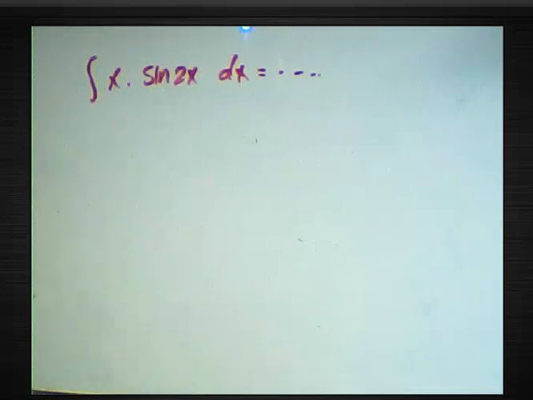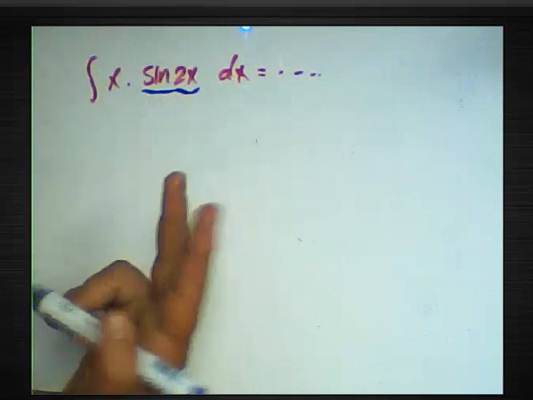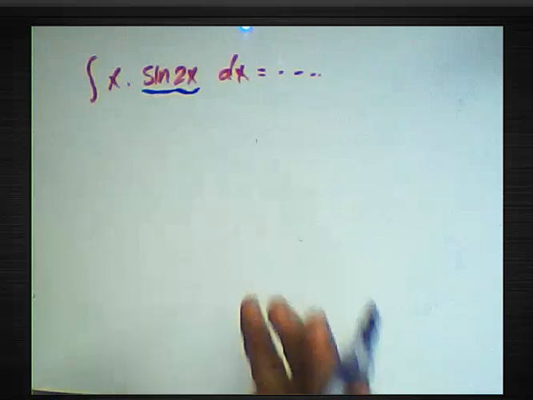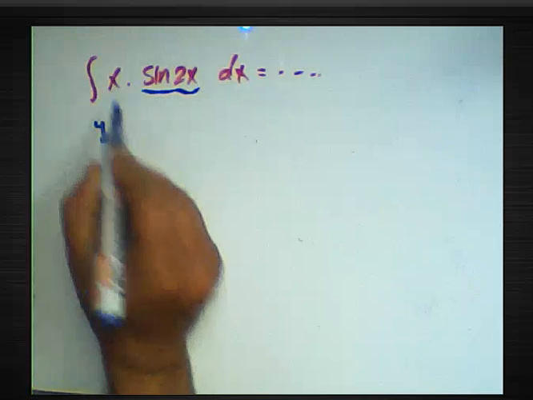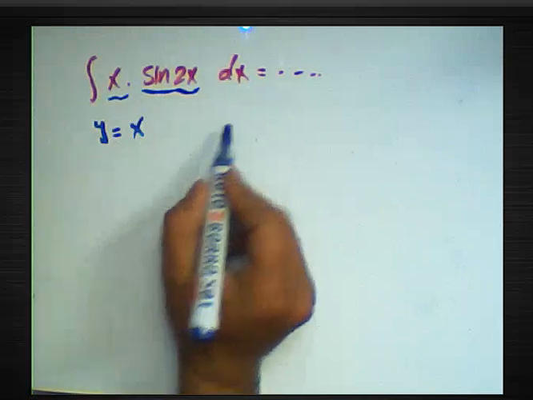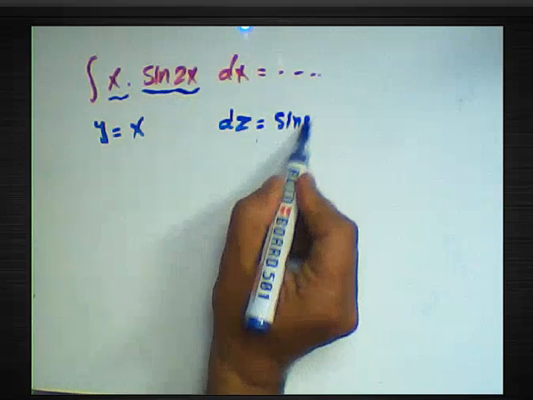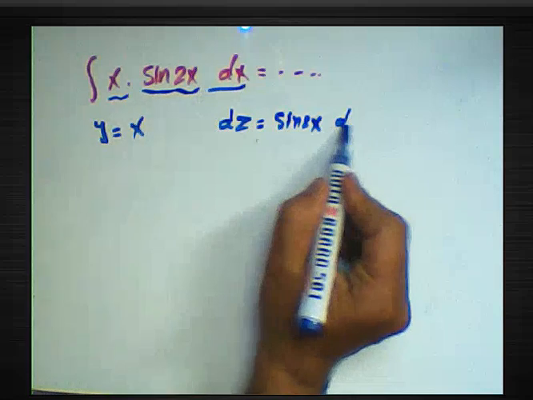Look at this example, integration of x dot sin 2x dx. We have a trigonometric function here, sin 2x. So we must determine two functions. The first I will differentiate, and the second I will integrate. Okay, put y equals the first, x, and put dz equals the second function, sin 2x dx.